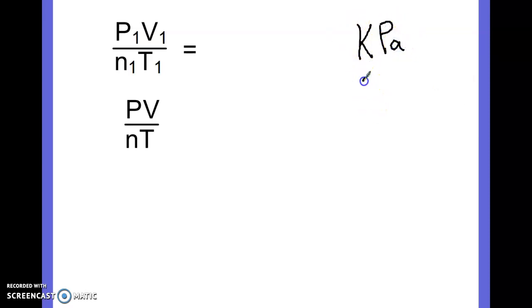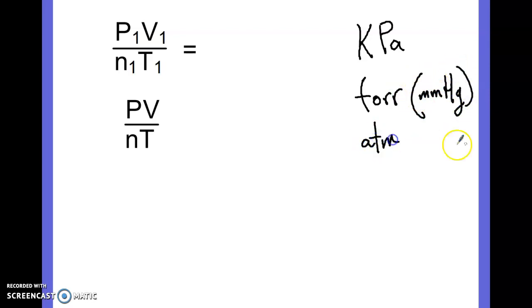This would include torr, or millimeters of mercury, same thing. This would include atmospheres, ATMs, and PSI, ones we've been using. There are some other ones as well, but these are the most commonly used.